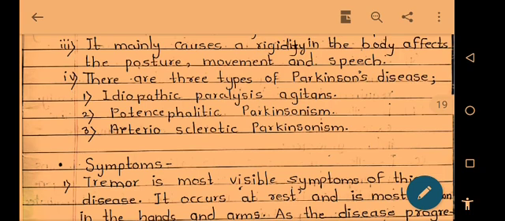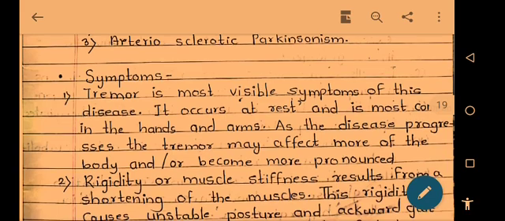There are three types of Parkinson's disease: idiopathic paralysis agitans, postencephalitic Parkinsonism, and arteriosclerotic Parkinsonism.